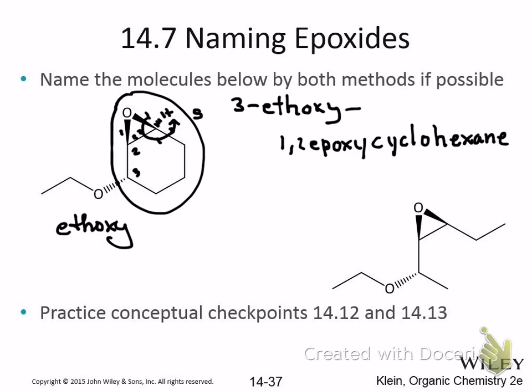That one's tricky. Let me erase some stuff on here. So I'm going to try to do this one correctly. This is 1 for sure. There we go. 1. Okay. And then let's see.